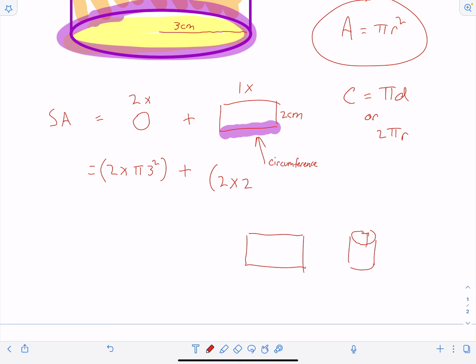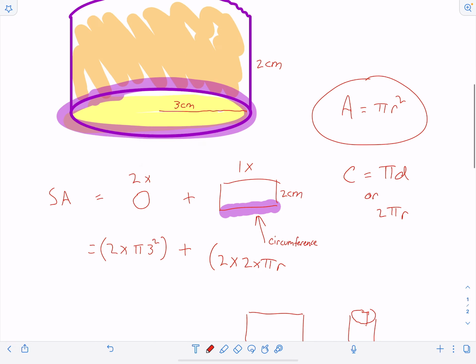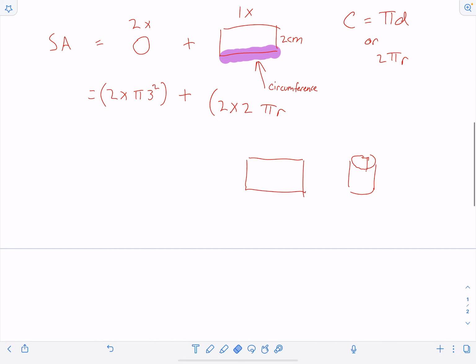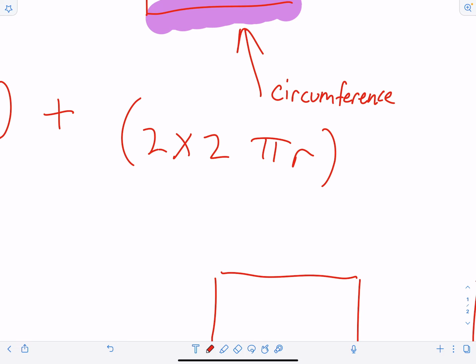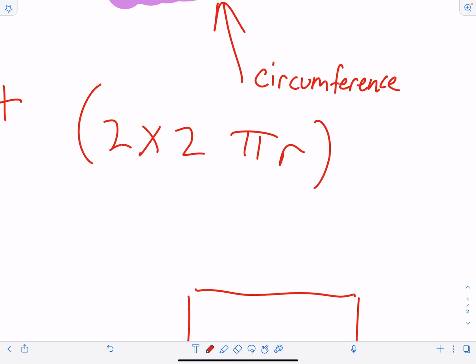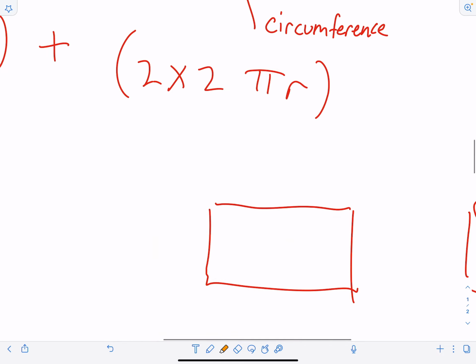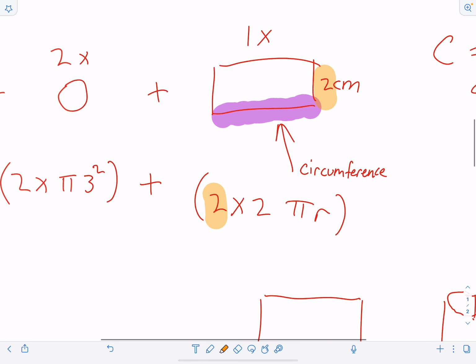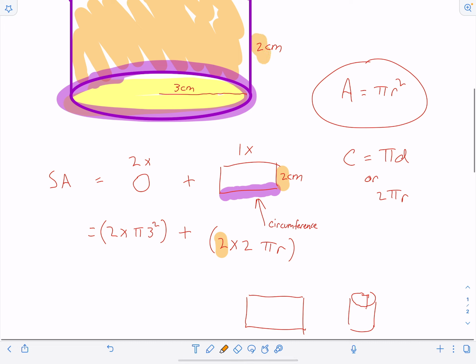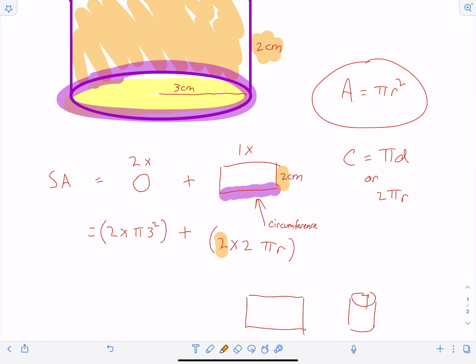So 2 times pi r. So our area of that one is 2, and that 2 relates to the 2 centimeters in height, and then times 2 pi r, that's the length of our circumference.